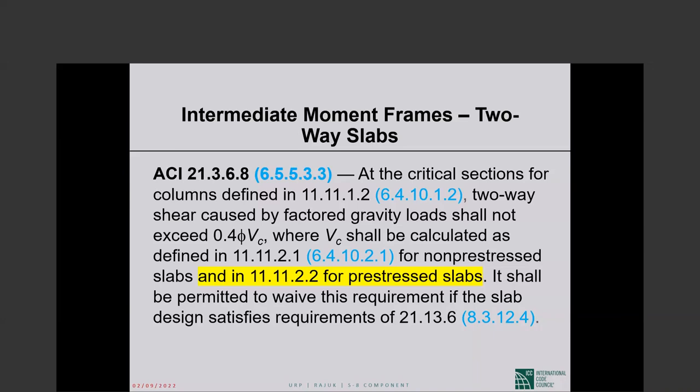V sub c we have looked at, and I have slides that repeat the V sub c information. But you understand what I'm talking about. This came up once in earlier discussion.